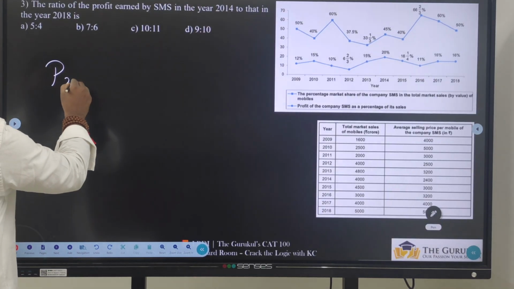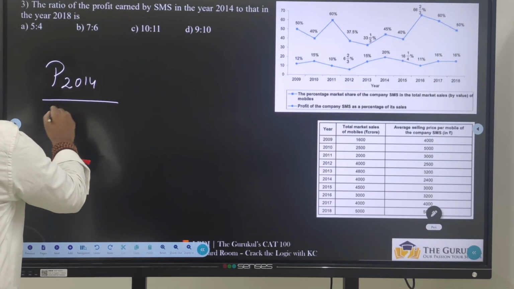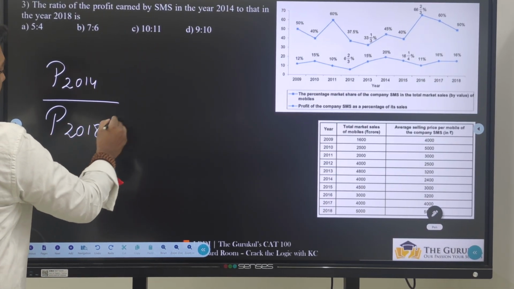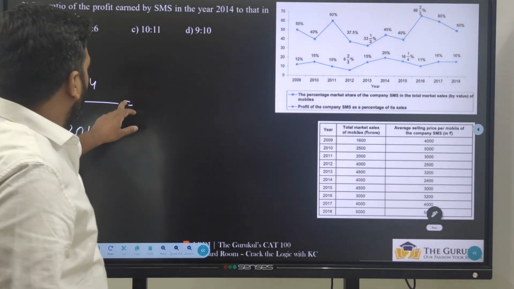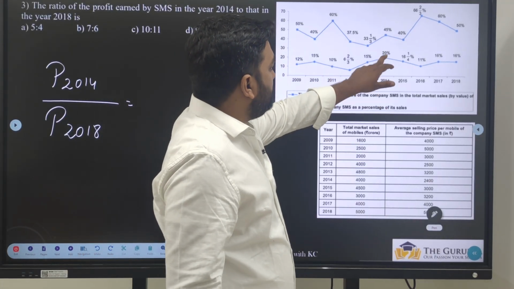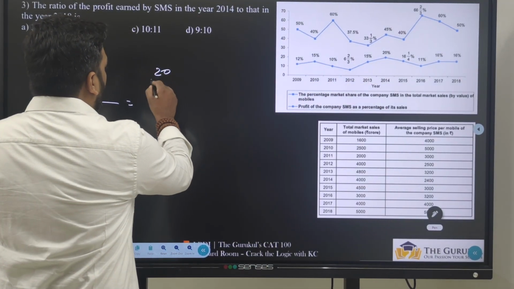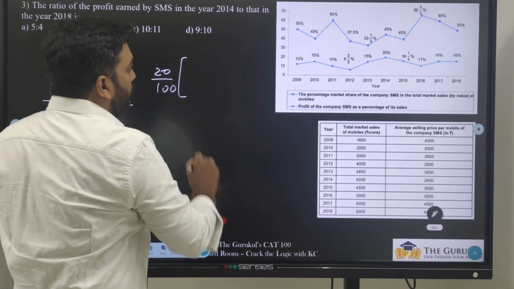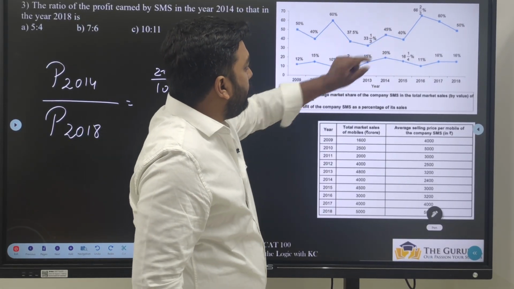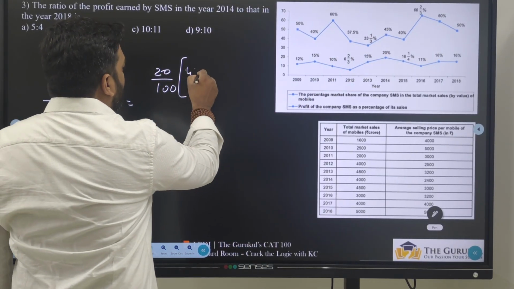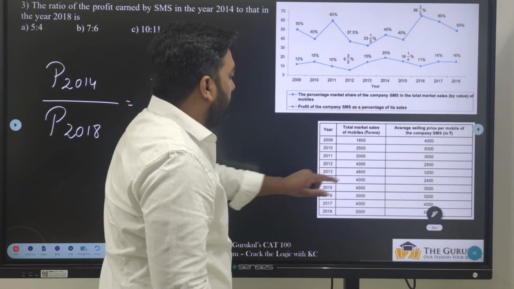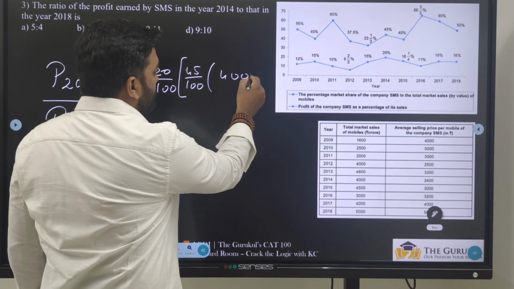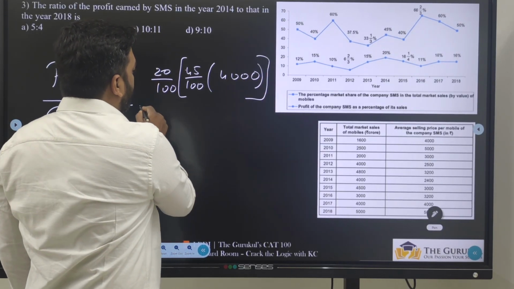So profit in 2014 by profit in 2018 is what we need to calculate. Now how will I get profit? Let's see 14. Profit is 20%. 20% out of what? 20% of the sales. Sales are 45% out of what? Out of the total market, that is 4,000.